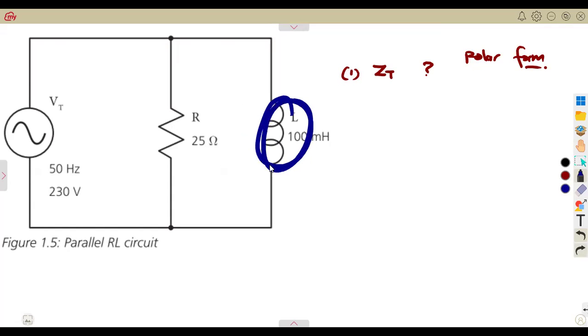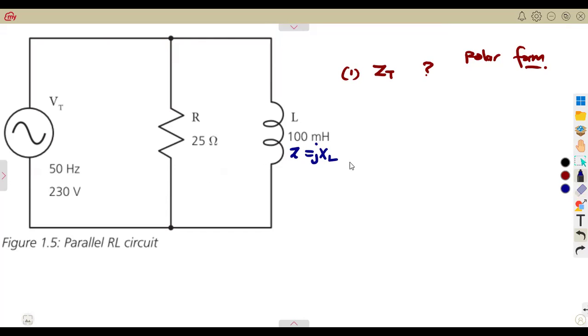This is a purely inductive circuit, where we do understand from our N4 that Z can be written in rectangular form, or it can be written in polar form. We've got two ways, rectangular and polar. So if you had to write this, our Z will be representing the value of our XL, which is jXL. It's a positive one.